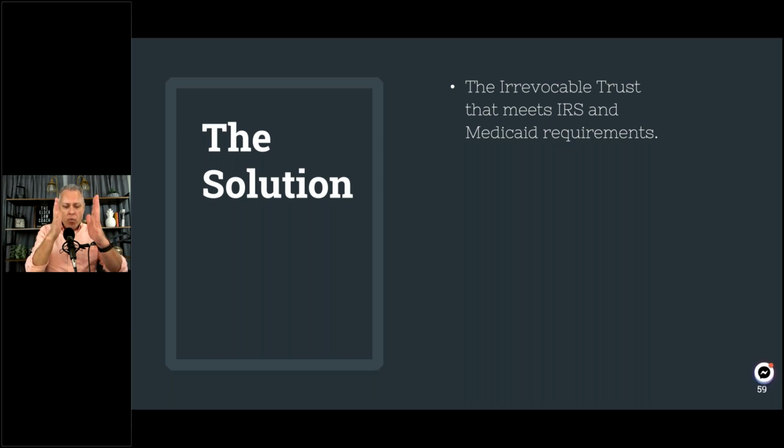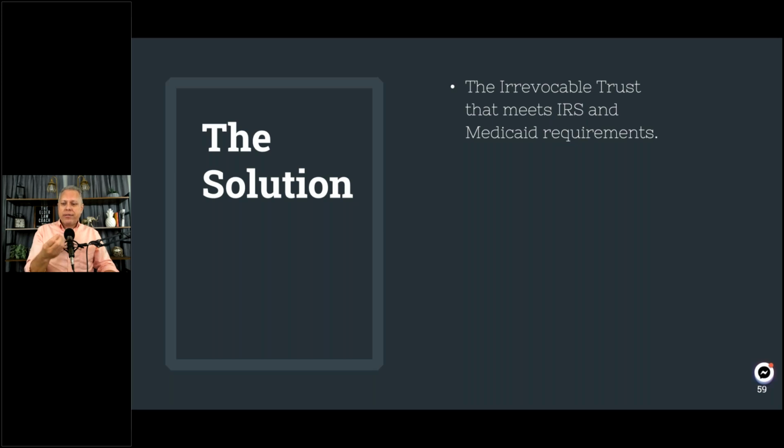How in the world can we create something that tells the IRS, yep, they still own it, and tells Medicaid, nope, we don't own it? After I use those exact words, I say, I'm not smart enough to figure this out, but there are some people at Elder Council, Interactive Legal, who have figured it out.